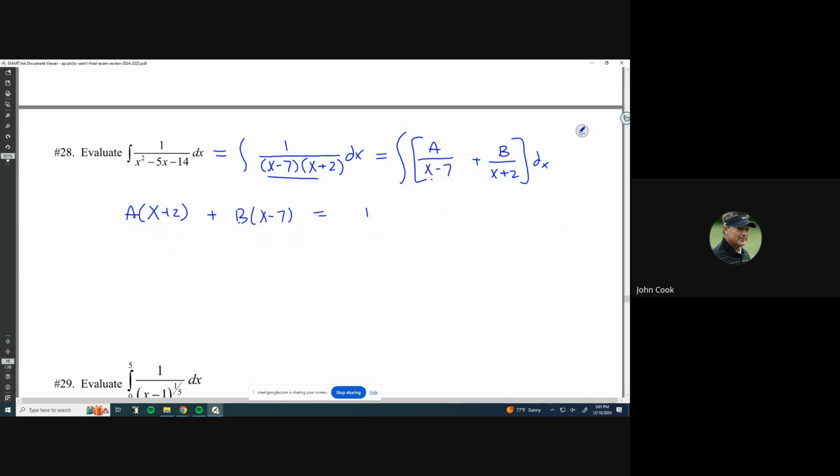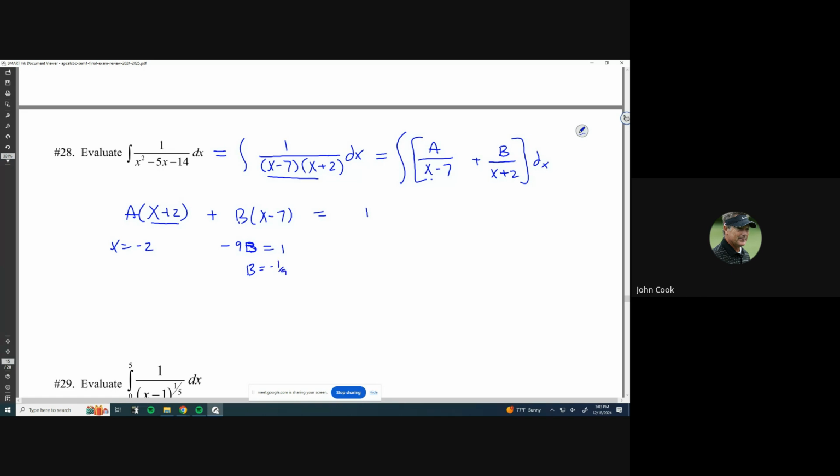All right, now pick some strategic x values. From this one, I'd pick x equals -2. If I did that, I get 0A plus -9B equals 1, so B is going to be equal to -1/9.